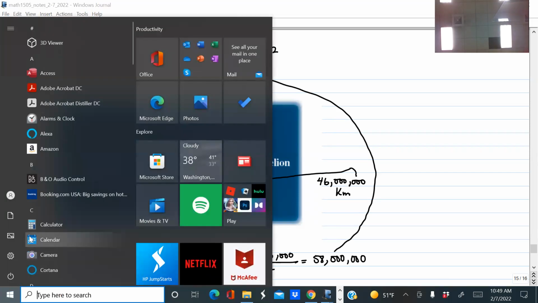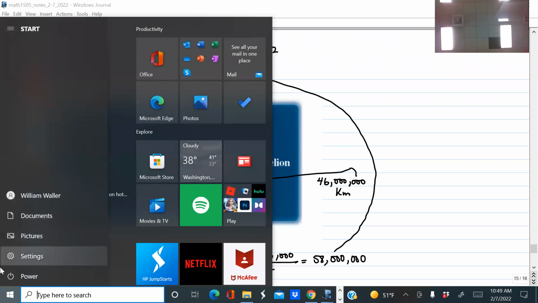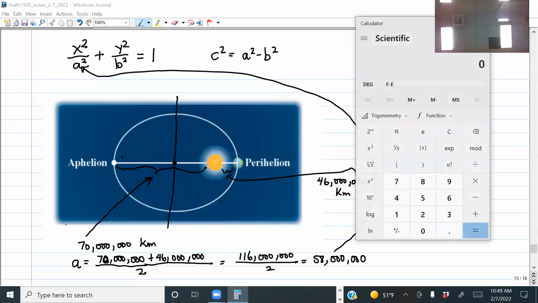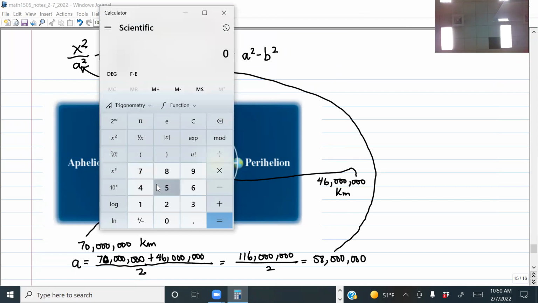And so in your answer, I think they're going to put the value in scientific notation. So let me open the calculator here and let's try doing this. So we have 58 million, right? Let's square that, and here's what we get.